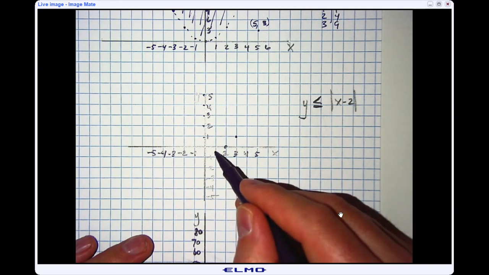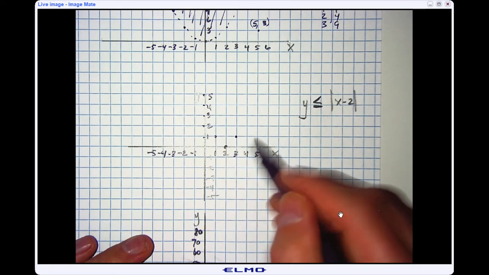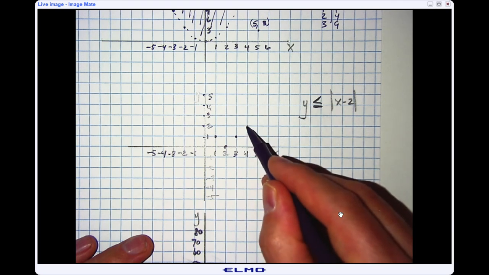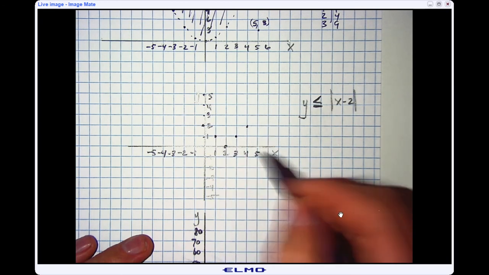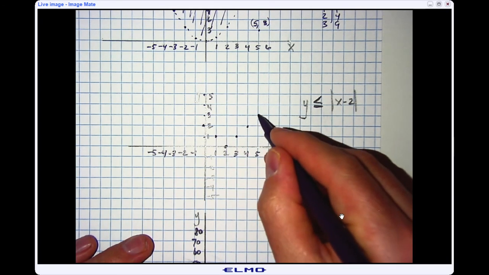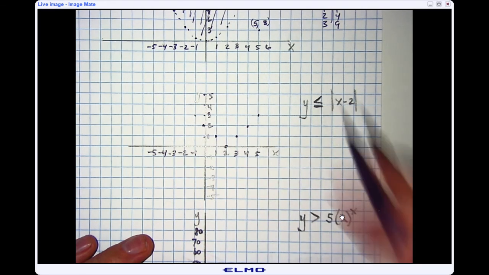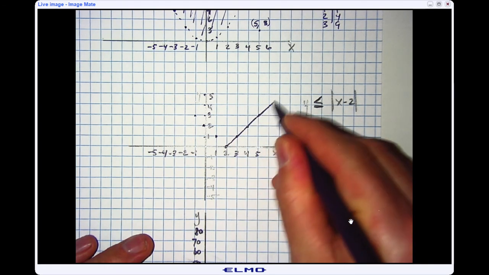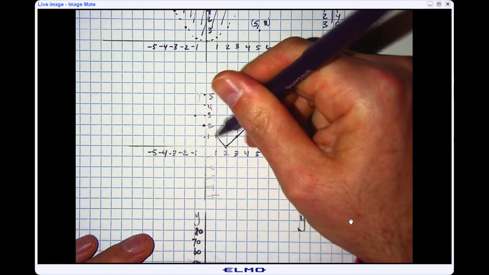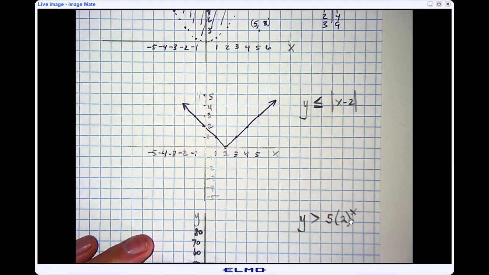If I put in 1, 1 minus 2 is -1, absolute value would be 1, and you can start seeing it starting to go back up. If I put in 4, I would get 2. If I put in 0, I get 2. And this V shape is starting to come together. If I put in 5, I would be at 3. If I put in -1, I would be at 3. And again, because it has an equal sign in it, I'm going to go ahead and make these a solid line. So there's my absolute value graph.